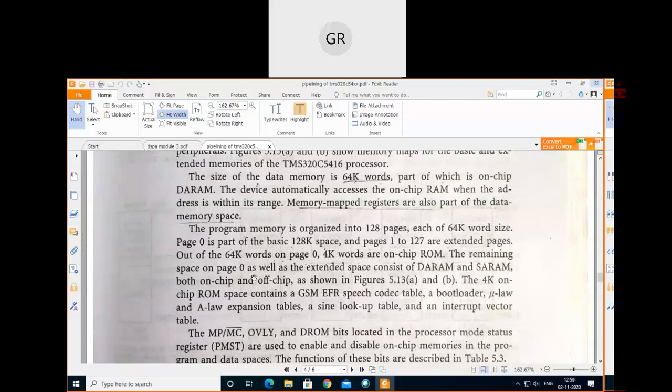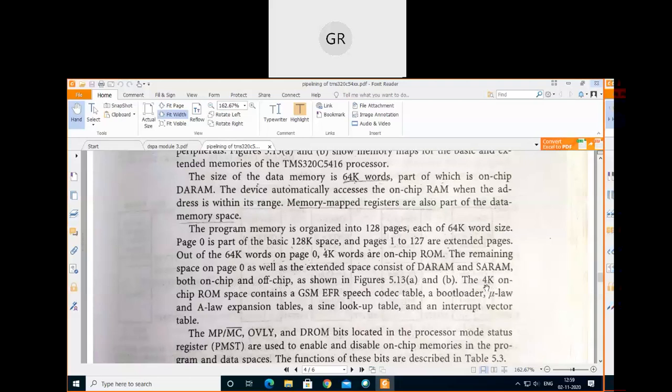The remaining space on page 0 as well as the extended space consists of DARAM and SARAM, dual access RAM and single access RAM, both on chip and off chip.